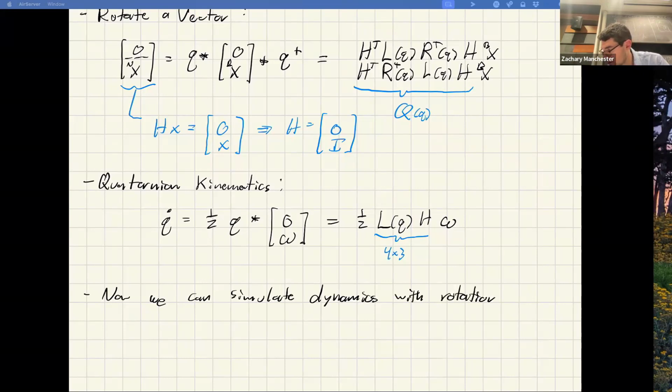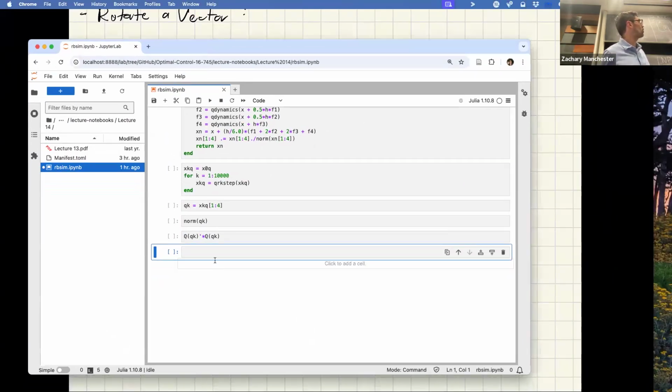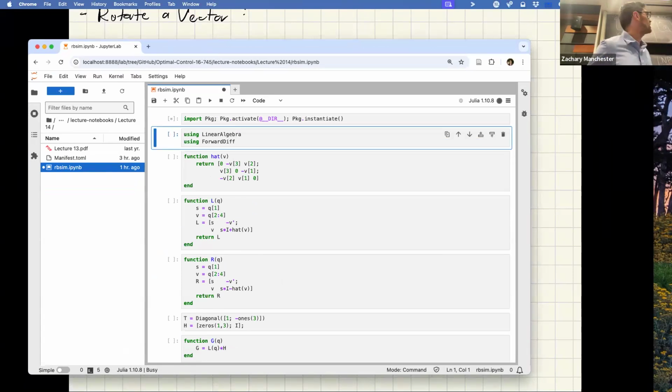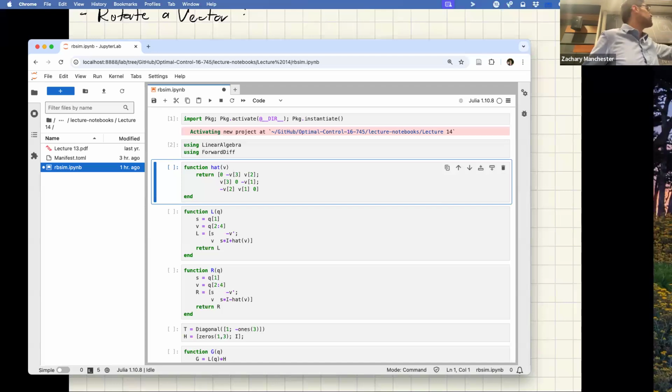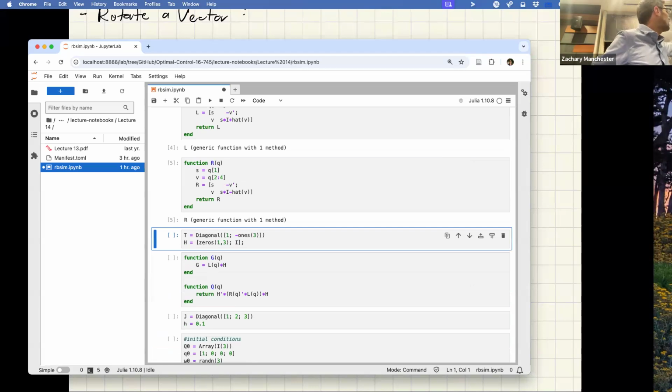Just to make your point, which I think you made earlier, there's this little quirk. We said, yeah, obviously there's a lot of redundancy in this thing, but there's also this quirk that if you have numerical drift in your integrator, things will not stay unit norm. So here's all the stuff we just did, and I'll give you this notebook so you have code for these things: hat map, L matrix, R matrix, T and H.